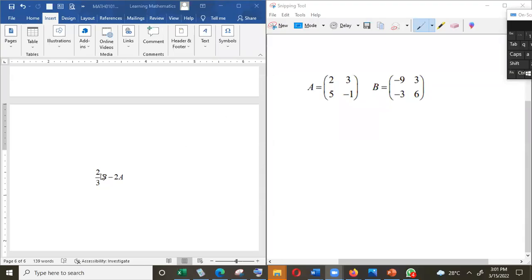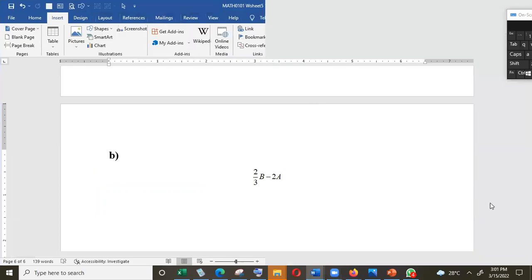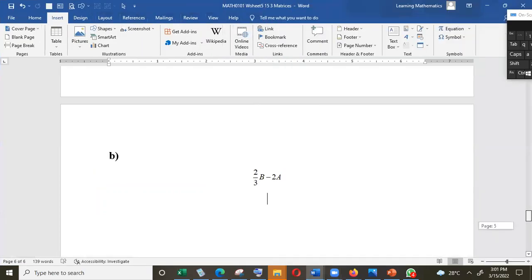So here we're supposed to calculate 2/3 times b minus 2a. And bear in mind, this is a and this is b. But we also have to take note, please recall BODMAS.